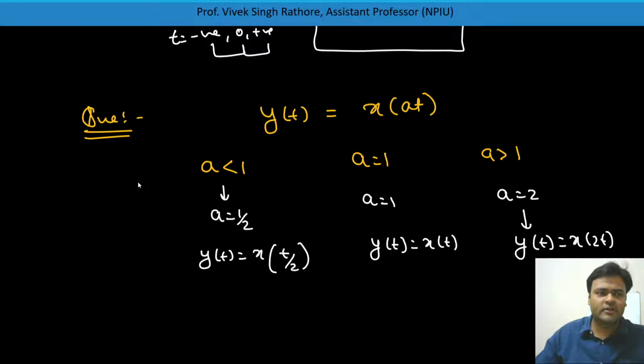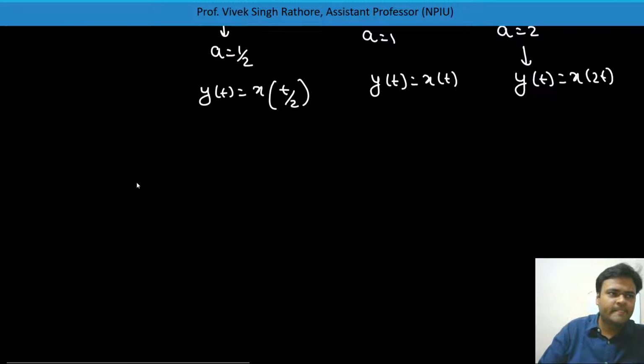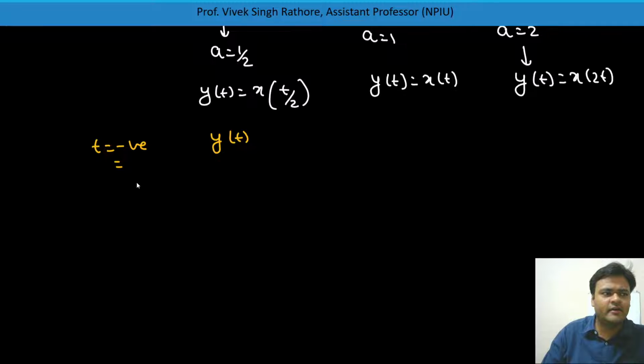Now we'll check for negative t, let's suppose t equal to minus 2. What will happen? The value will come as y of minus 2 equal to x of minus 2 by 2, that is minus 1.